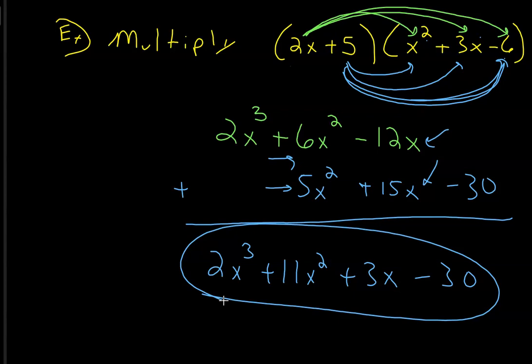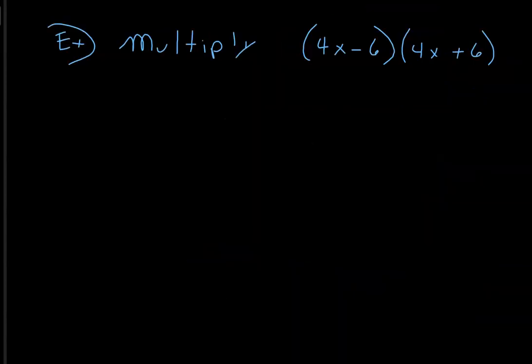One last example. All right, we're going to multiply these two binomials. So it's a lot like the last ones that we've done so far. But you're going to notice it's slightly different in our answer. So let's do it. So it says multiply those. So I'm going to distribute, like you already know, 4x to each term. So 4x times 4x is 16x to the second.